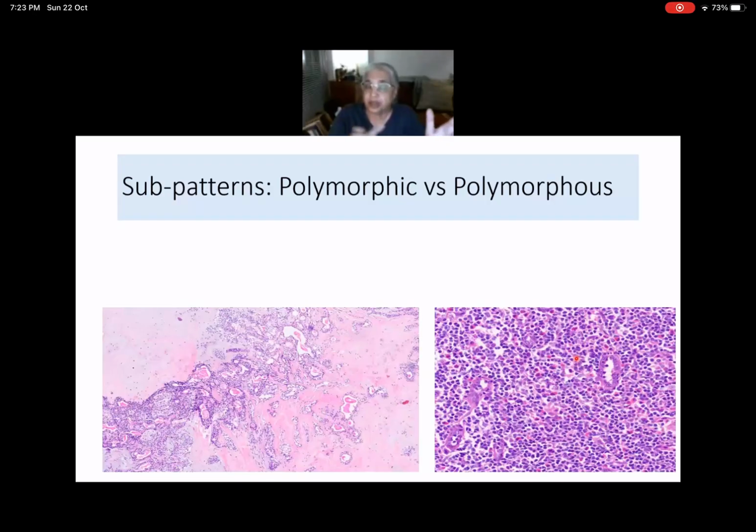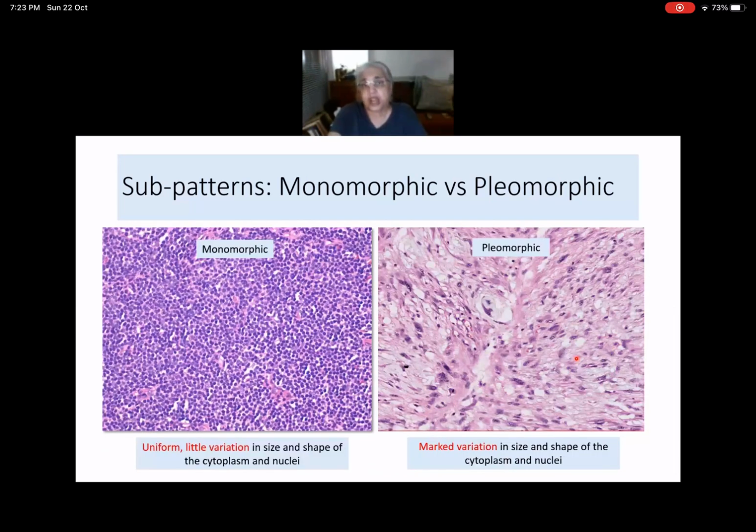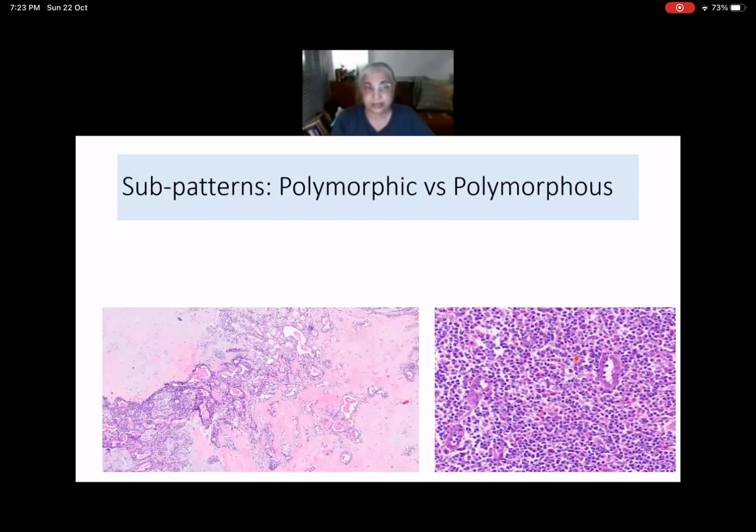pleomorphic. It's very different from the way that we use pleomorphic when we have the tumor, like I showed you before. That is pleomorphic. Big, giant cells, intermediate size cells. You've got marked anisocytosis of the nuclei, also the shape of the nuclei, etc. So that is pleomorphic, and polymorphic means multiple different patterns in tissues.